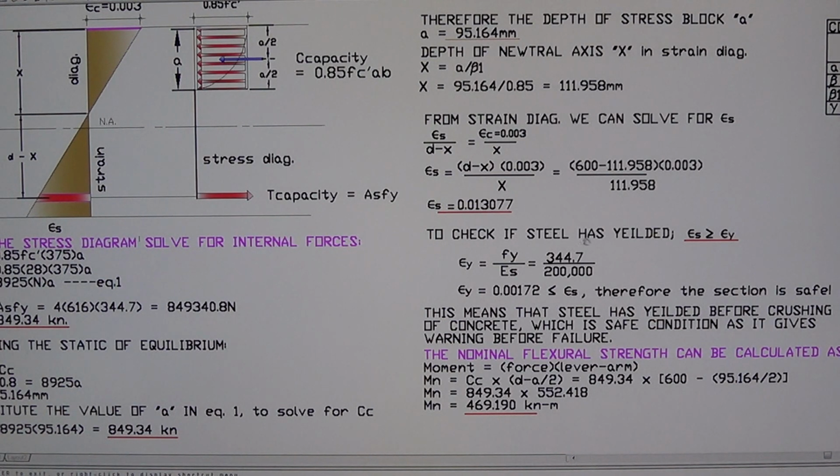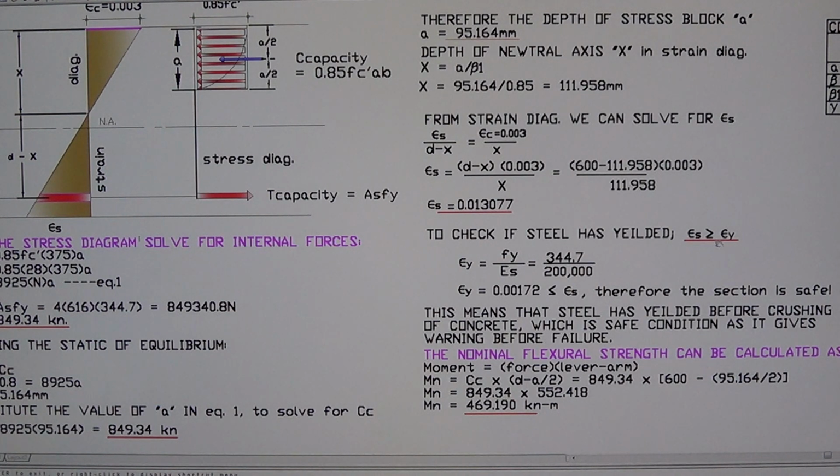To check if the steel has yielded, the strain of the steel ES should be greater than or equal to EY. When the steel is yielded, the steel has a tendency to harden, and during the hardening of the steel there is a strain called EY.